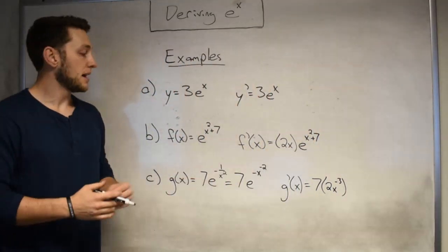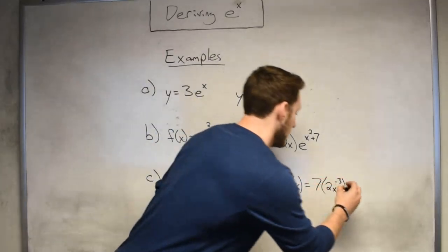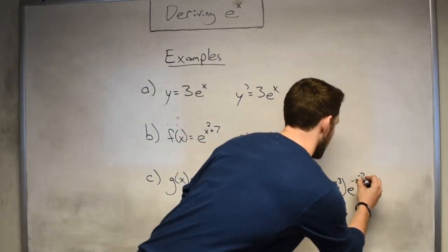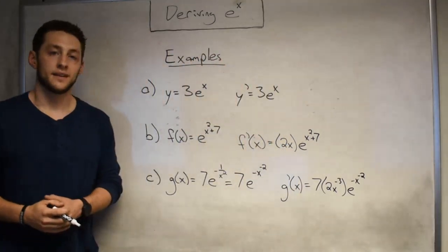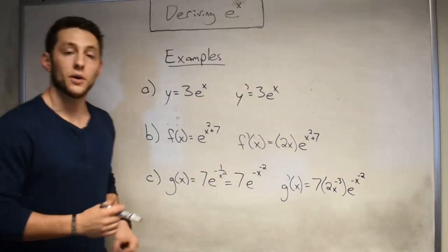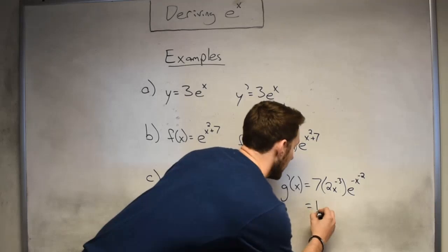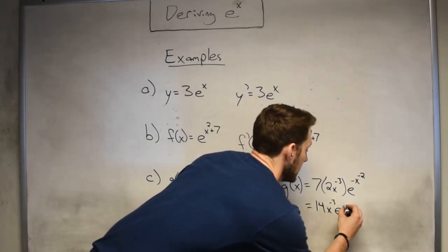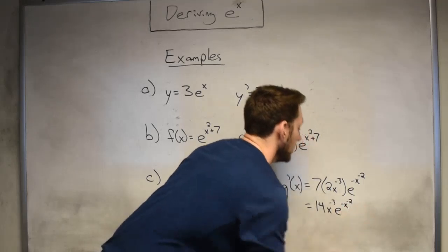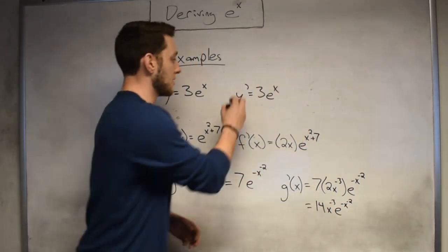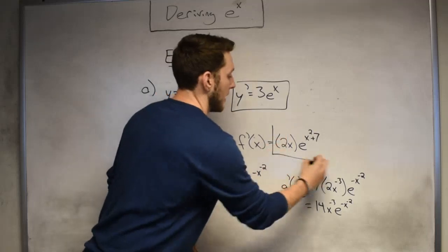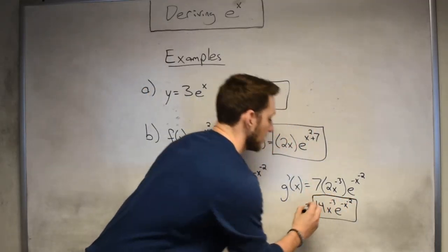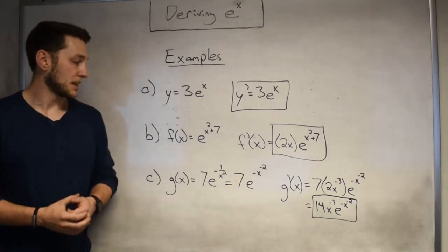Then we multiply it by the original function, e to the negative x to the negative 2. Simplifying out, what we can go ahead and land on is 14 x to the negative 3 e to the negative x to the negative 2. You could get rid of those powers. However, I won't require it. That would be plenty simplified, so long as you go ahead and combine the constants through multiplication.